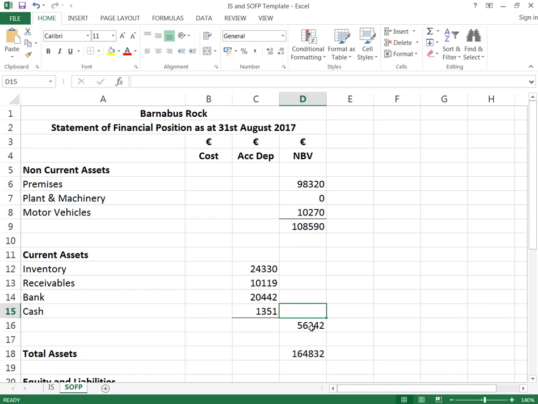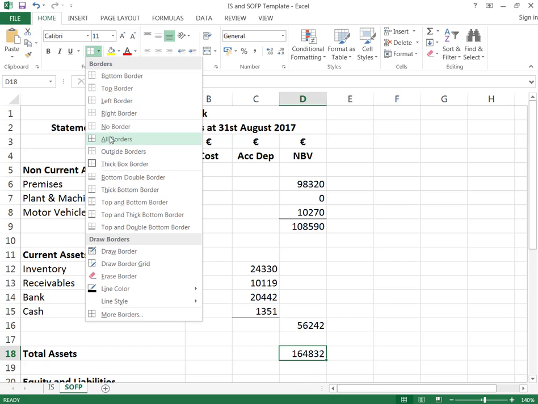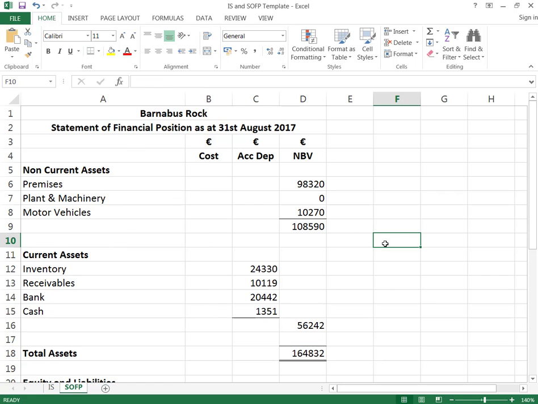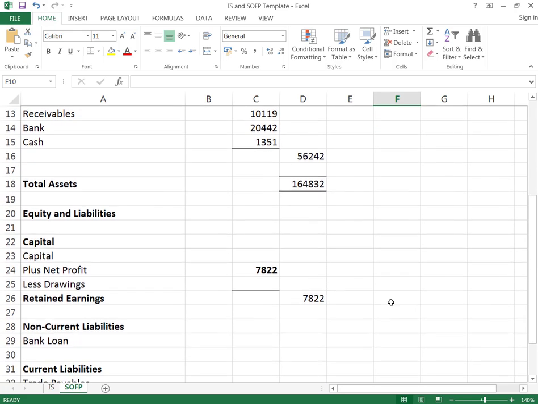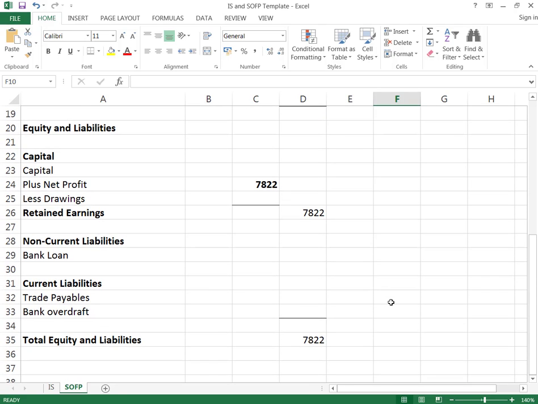We've got the total of our current assets coming to 56242, and that means that my total assets, and this is what I want my total liabilities to match, are coming to 164832.